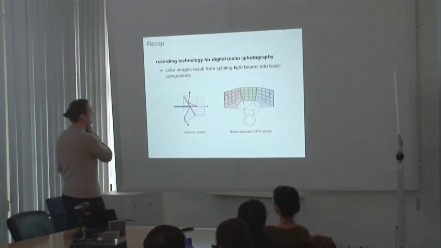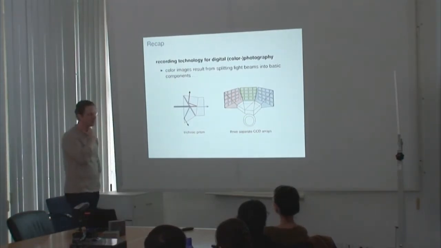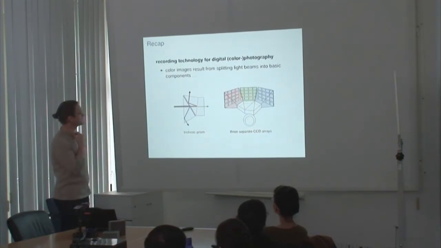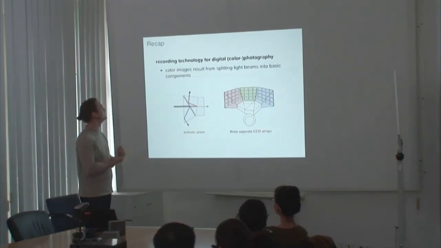We looked into how color images are recorded. We saw that there are basically two ways of doing this as of today. Other ways might be invented, you never know.